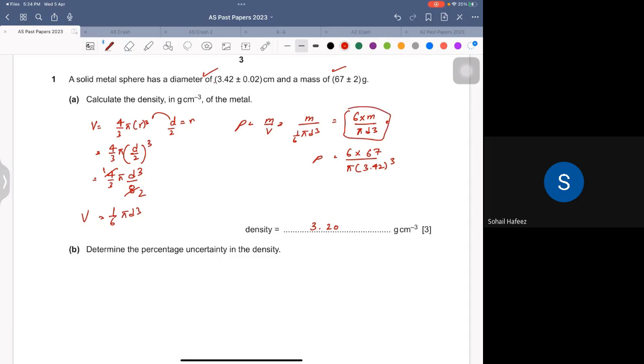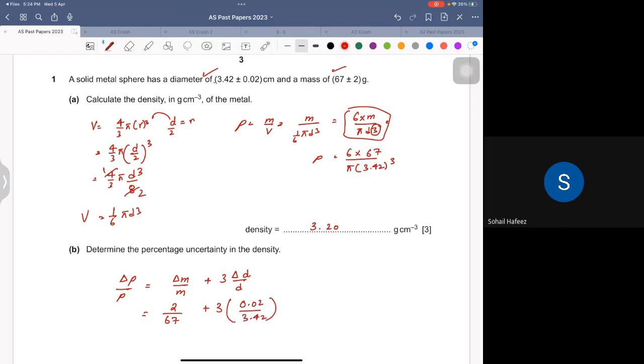Okay, so I'm going to use the uncertainty in density over density equals uncertainty in m over m plus uncertainty in d over d. Now because there's a cube here, I'm going to multiply by 3 here. And now just simply add the values, like mass was 2 over 67 and 3 times 0.02 over 3.42.